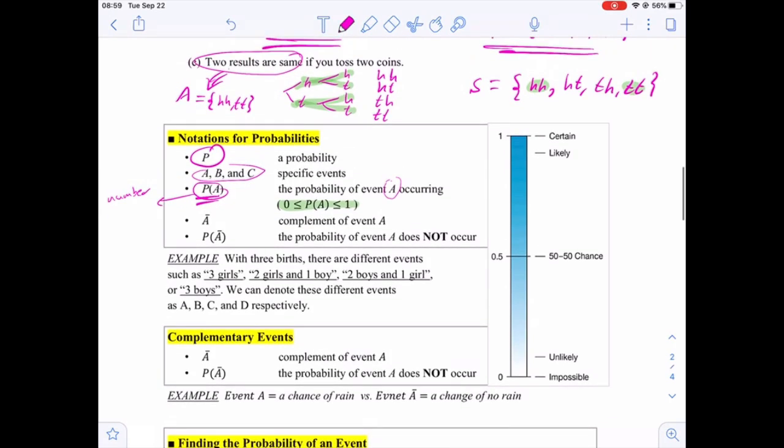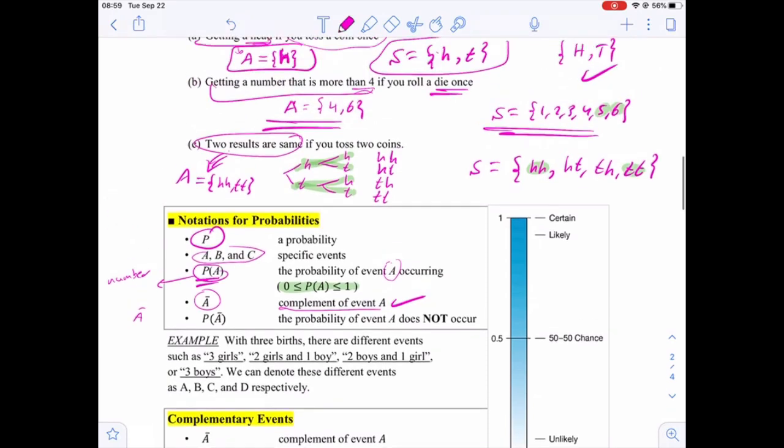Sometimes we are interested in finding the complement of some event. The complement of an event is written A bar, and that's read as the complement of the event. What do we mean by the complement of an event? For example, look at this event. The event consists of head, head, tail, tail, the same outcomes in the first toss and the second toss.